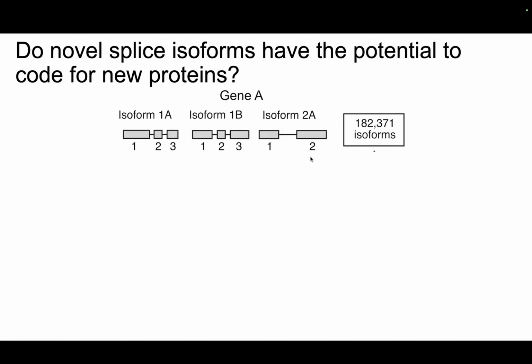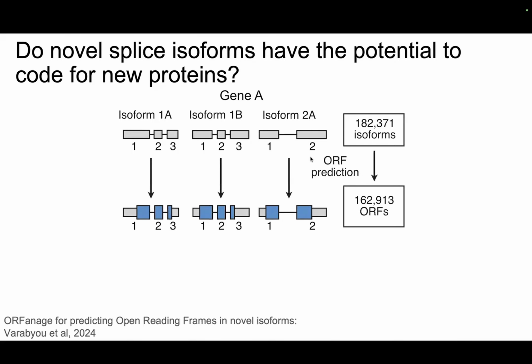The first question that we need to ask is, which isoforms actually have the potential to be translated into new proteins? With our long read data, we just get mRNA isoforms. We don't know beforehand how they are translated into proteins. So what we did is we applied a tool for ORF prediction.